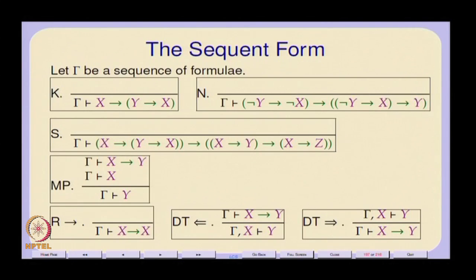There are people who become very nitpicky and think of gamma as a sequence. The difference between a set and a sequence is that a set does not allow duplicate elements, but a sequence does. A sequence allows things to be moved across the turnstile only in a certain order, in a queue or stack fashion, whereas with sets we will be more informal and take a formula whenever we want.